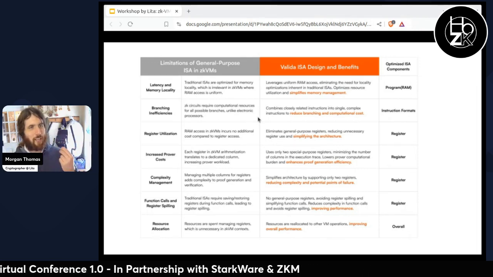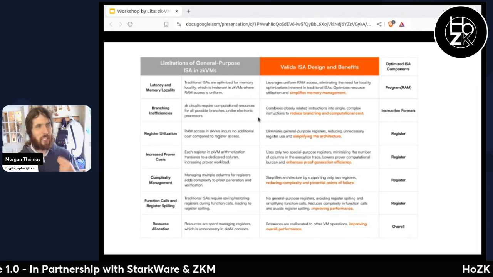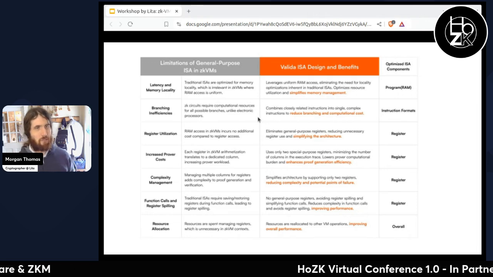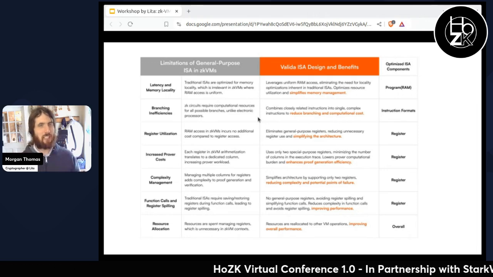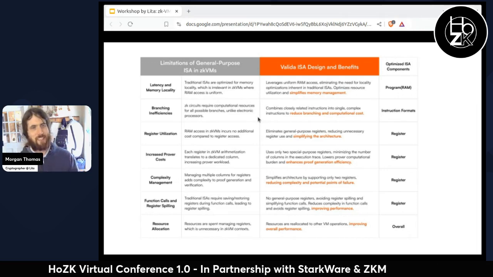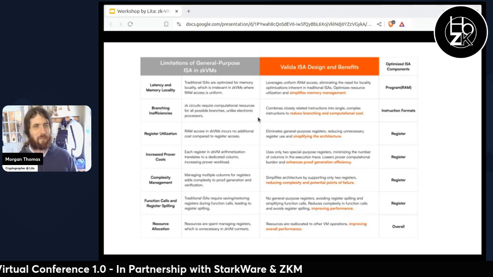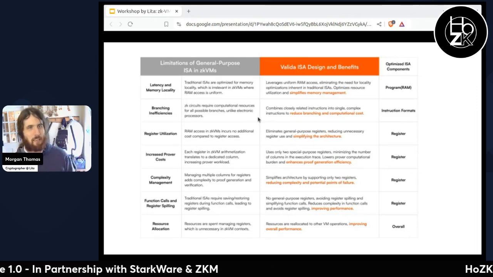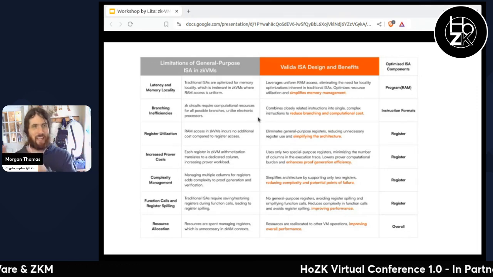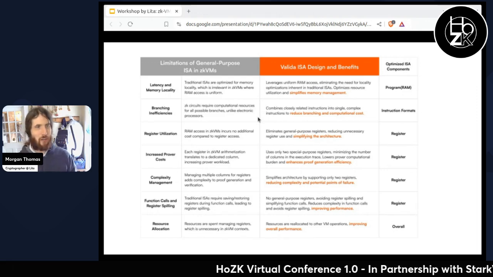And so our contention is that we get significant wins in terms of proving speed and proving efficiency by using this custom ISA, because some of the choices that we made, e.g. the choice not to have general purpose registers, they work great for a zkVM setting and they wouldn't work well for a hardware setting.